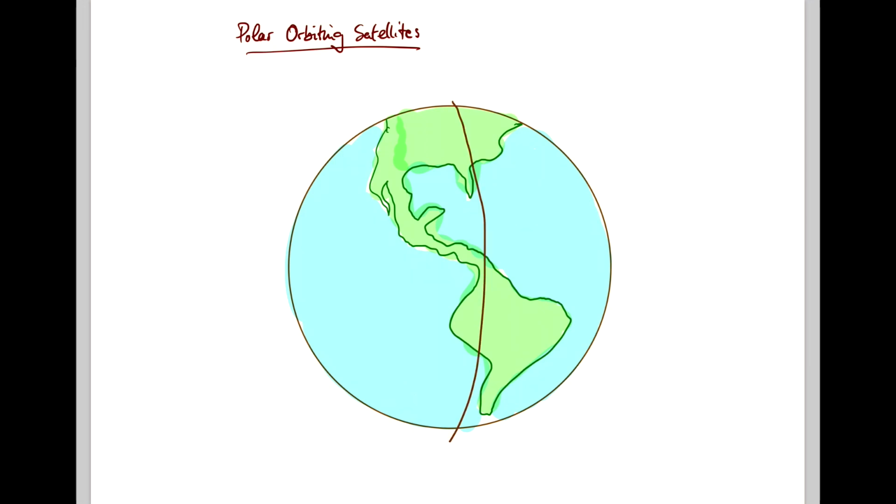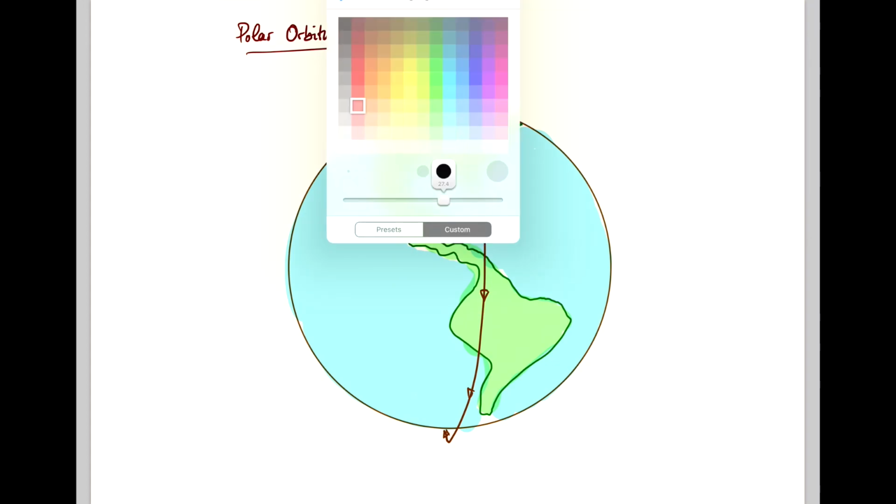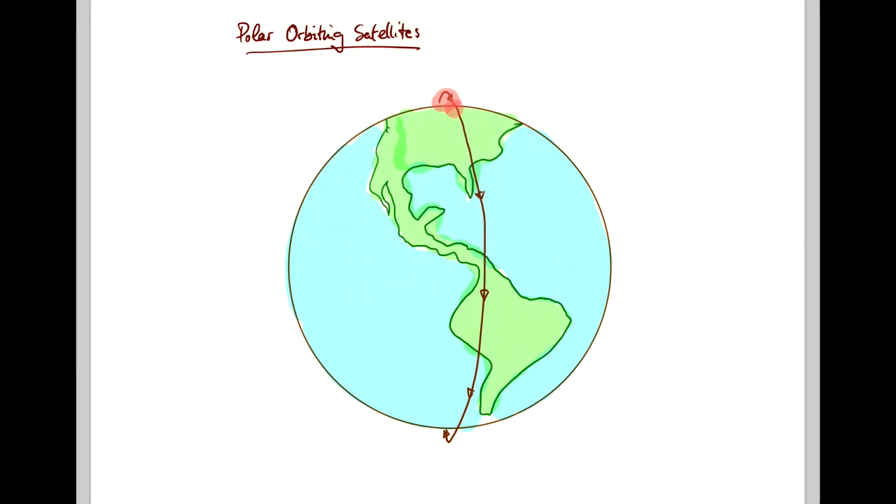You can imagine it goes like this, and comes back up, and it looks downward, so it covers a given swath of the Earth's surface. So this is what it will see on its first trajectory.